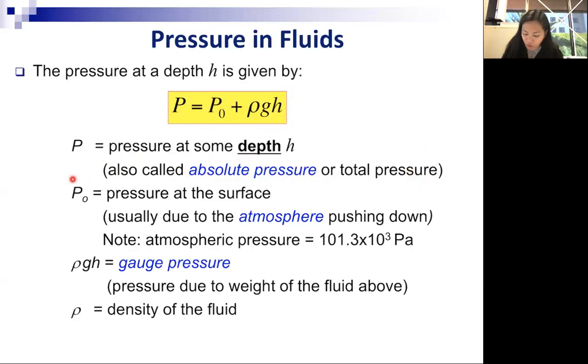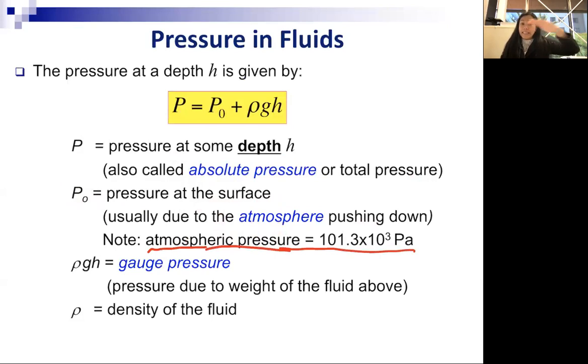P0 here is the pressure at the surface of the water, and that's because of the atmosphere pushing down at the surface of the water. We've seen earlier the atmospheric pressure is 101.3 times 10 to the 3 pascals. So the atmospheric pressure is sort of fixed. It's constant.